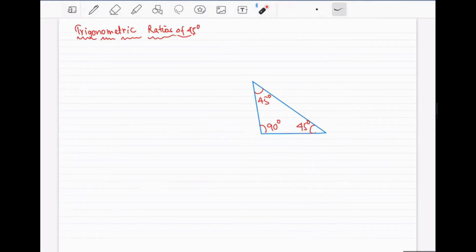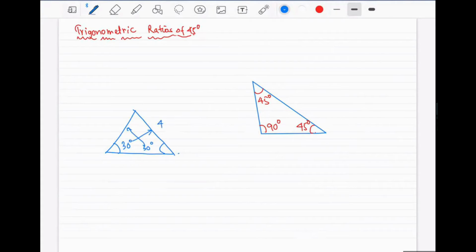Okay, so according to the rule of a triangle, there was a theorem like this. If these two angles are equal, then the two opposite sides will also be equal. If I make these to be 30 degree and 30 degree, this side and this side will be equal.